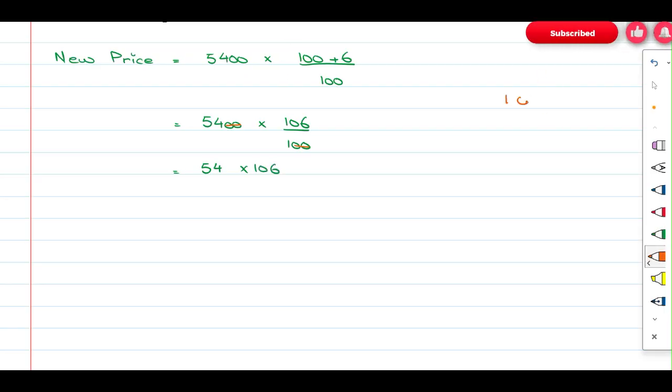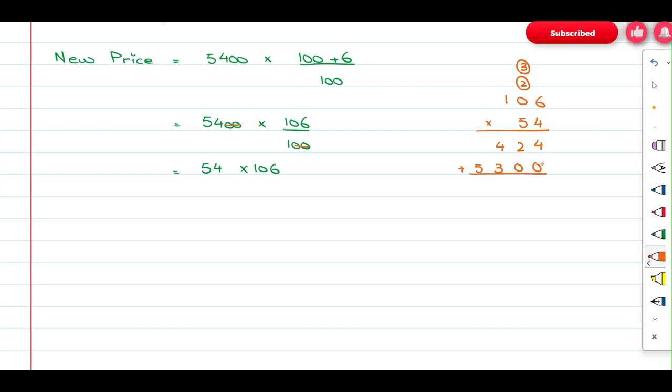Let me do this multiplication. So 106, and it goes to 5 and 4 times table. First the 4 times table. 4 times 6 is 24. 4 times 0 is 0, plus 2 is 2. 4 times 1 is 4. Put a 0. 5 times table. 5 times 6 is 30. 5 times 0 is 0, plus 3 is 3. 5 times 1 is 5.